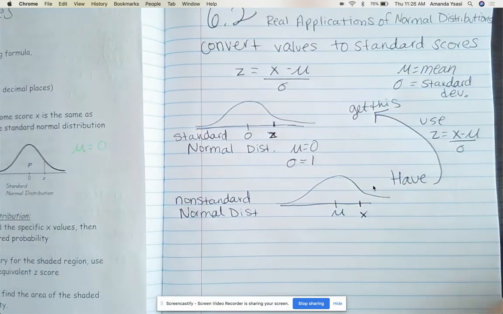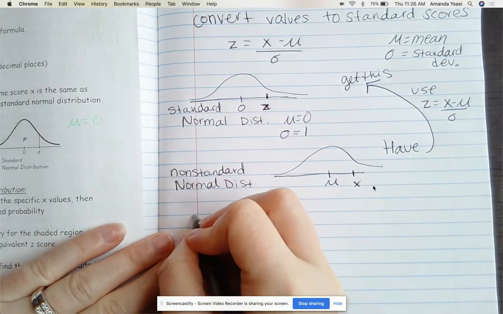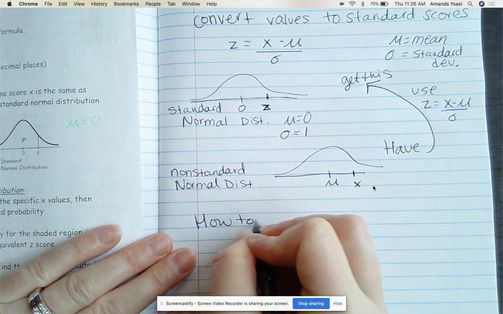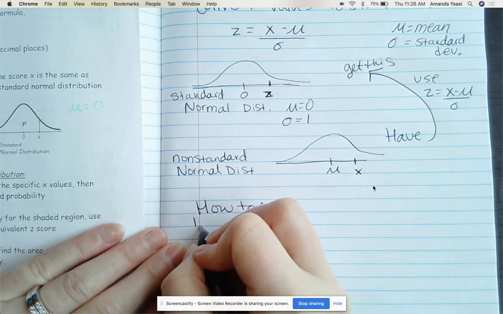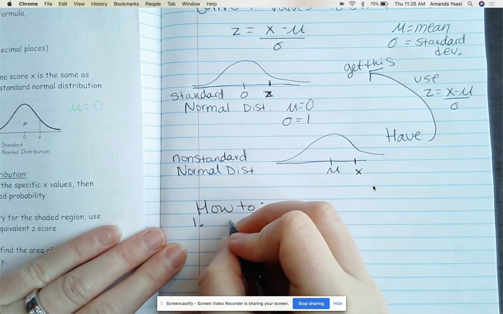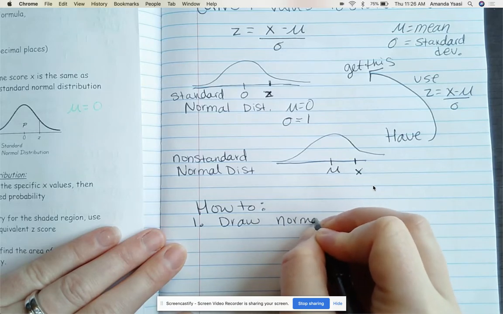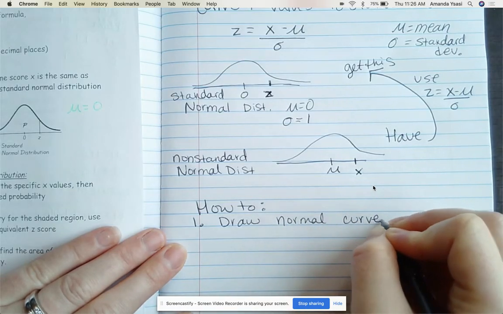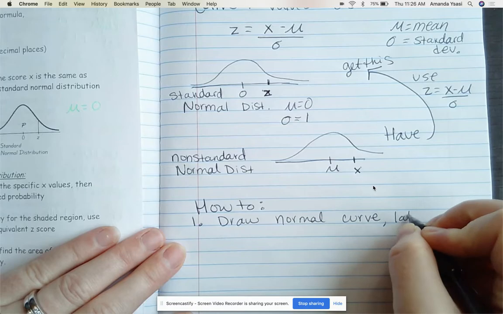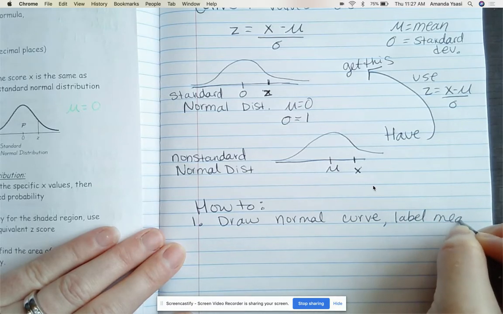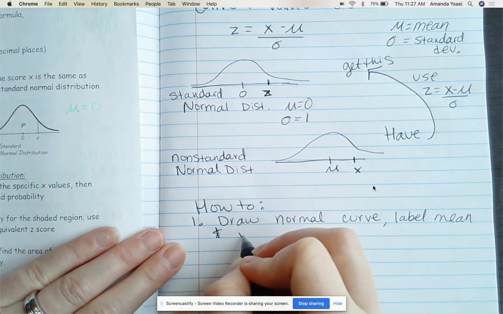Okay, so ways to do this. This is our how-to. So first thing you're going to do is draw your normal curve. Label your mean and x value.